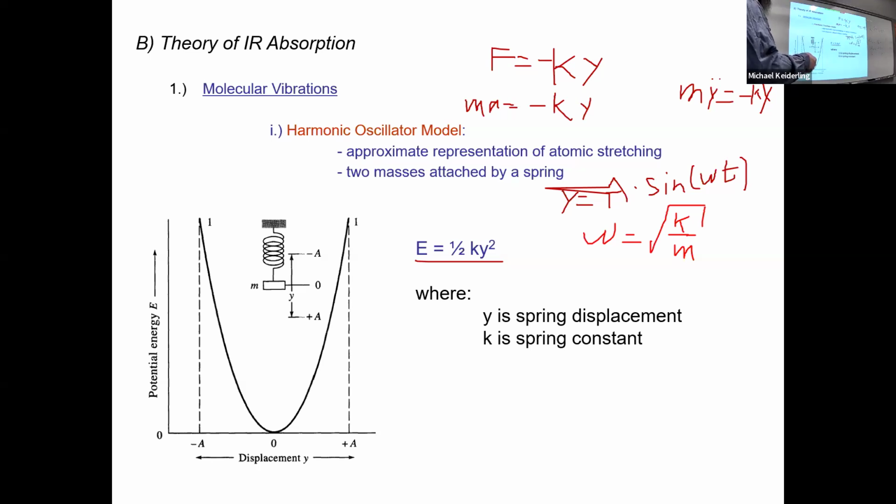So y ends up being amplitude times sine omega t, omega being the angular frequency, and omega ends up being the square root of k over m. And the energy stored in that is 1/2 k times the displacement squared, as you see here.